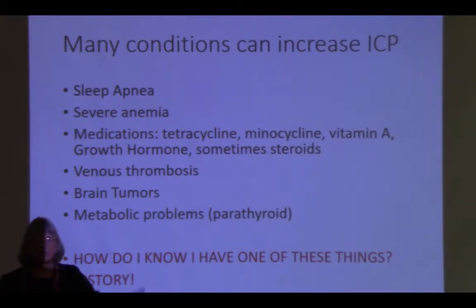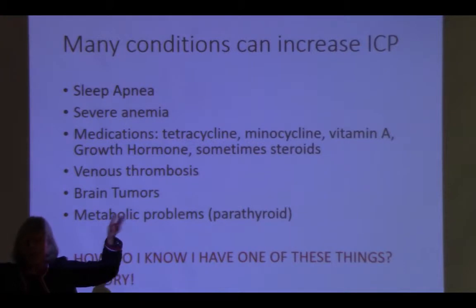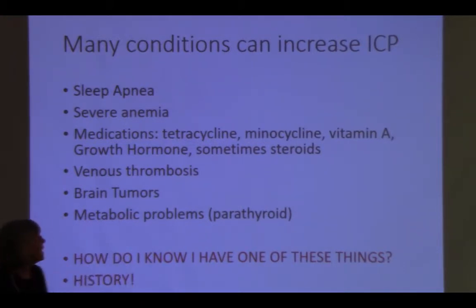Sleep apnea can raise intracranial pressure and can also give more headaches. Severe anemia, so we always make sure that the person is not anemic. And then those medications: tetracycline, minocycline, vitamin A, growth hormones sometimes can raise intracranial pressure. Sometimes steroids like prednisone can increase intracranial pressure.